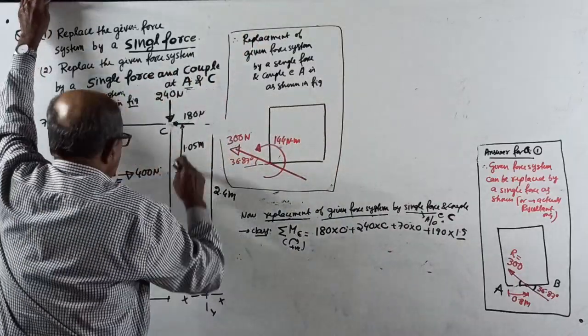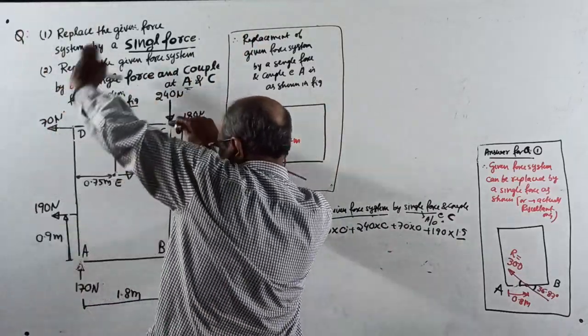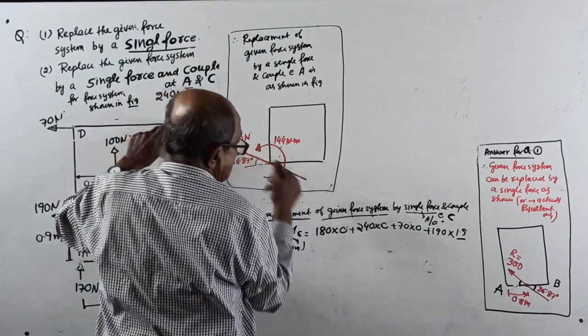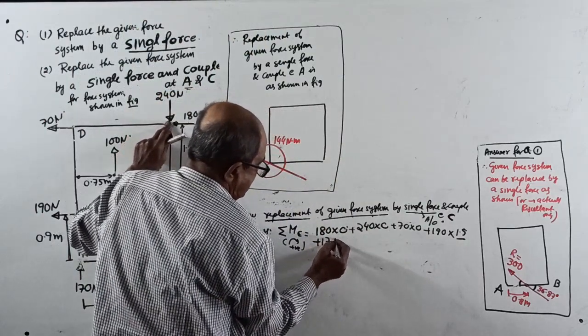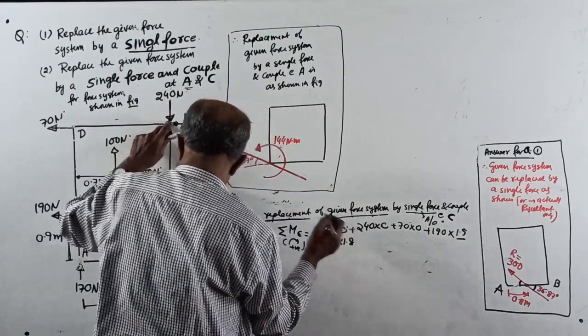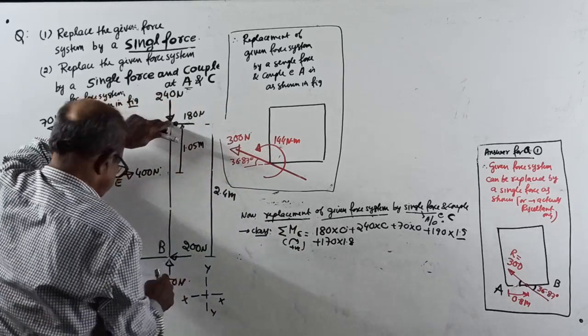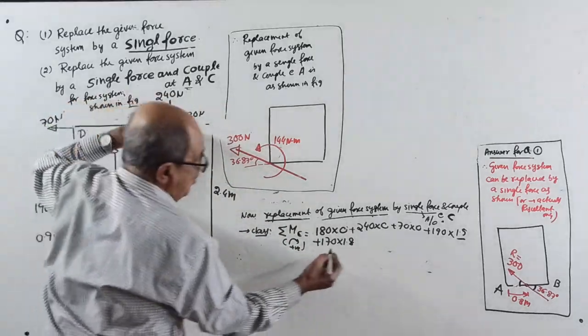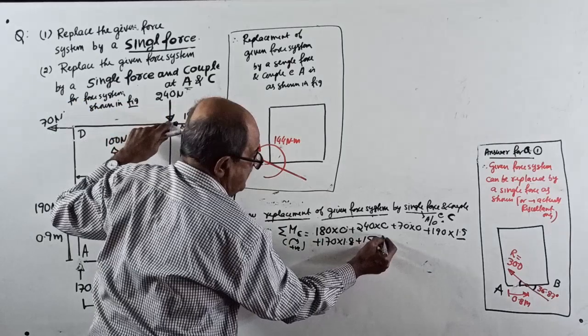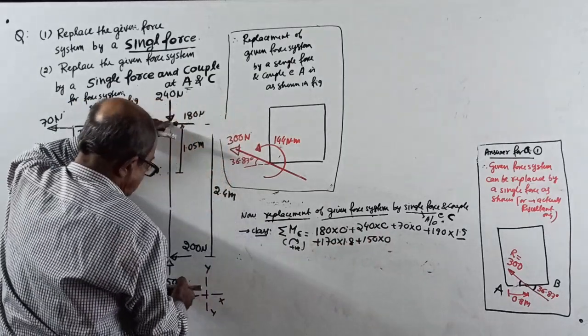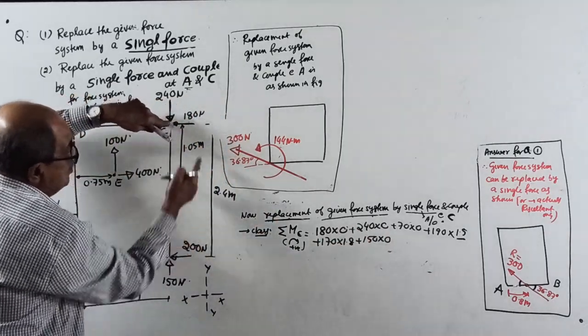Then, moment about C: plus 170 into 1.8. Then 150 into 0. Nobody should ask me why 0. Then plus 200 into 2.4.